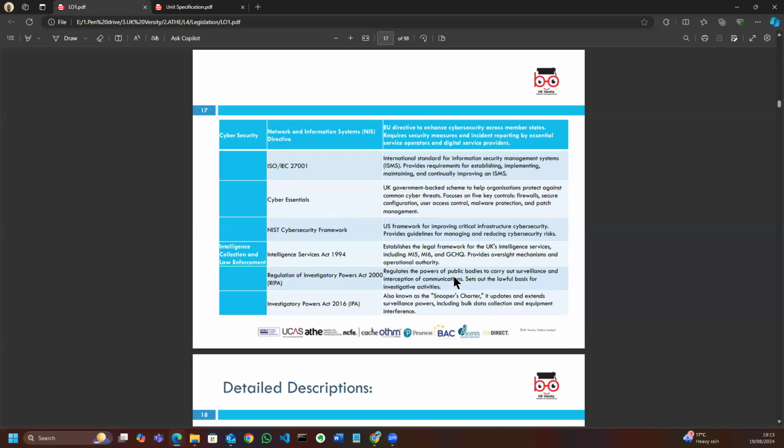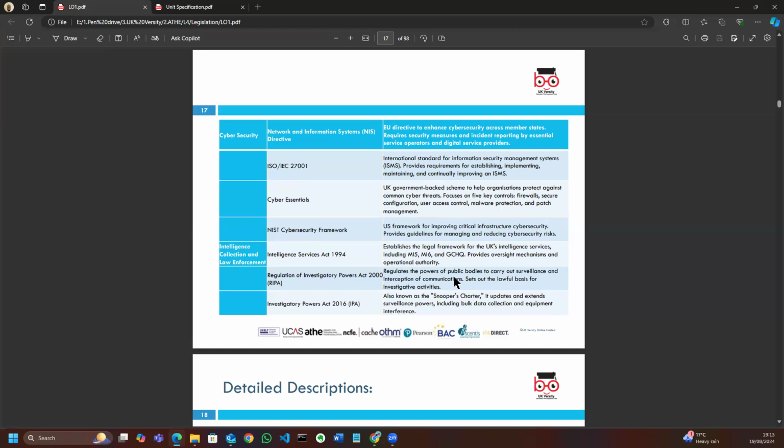Also, we have Cyber Essentials, where companies can even get certified by the government, and they can add the Cyber Essentials badge to the website. With this UK government-backed scheme, it is going to help organizations protect against common cybersecurity threats.